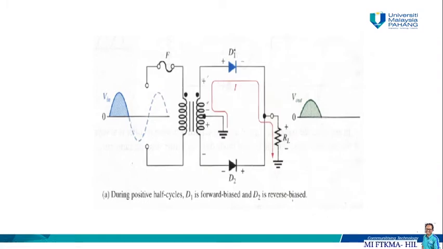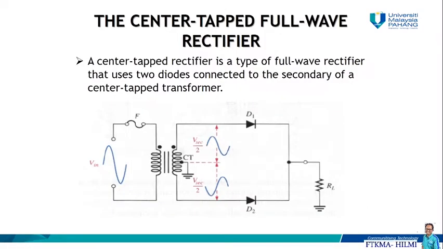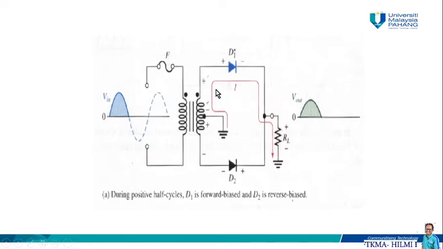The output is half of the secondary voltage of the transformer. So the current path is going to be through D1 and then it's going to flow to the load resistor.